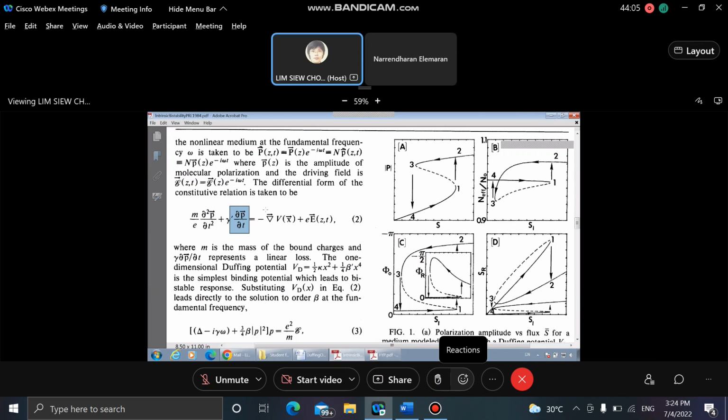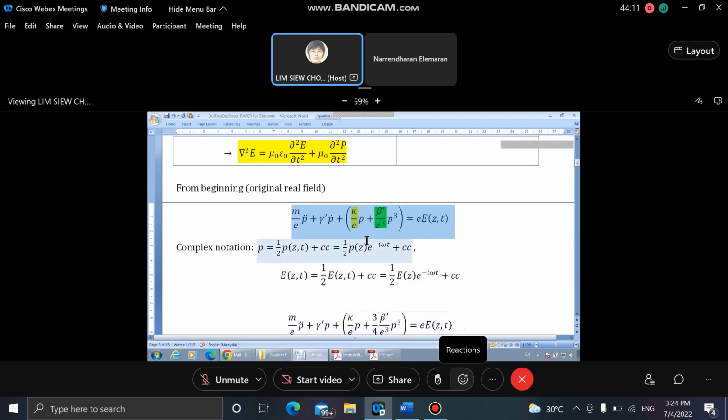And then the divergence of b is this, because b equals half kappa x squared plus 1 over 4 beta prime x to the power of 4.